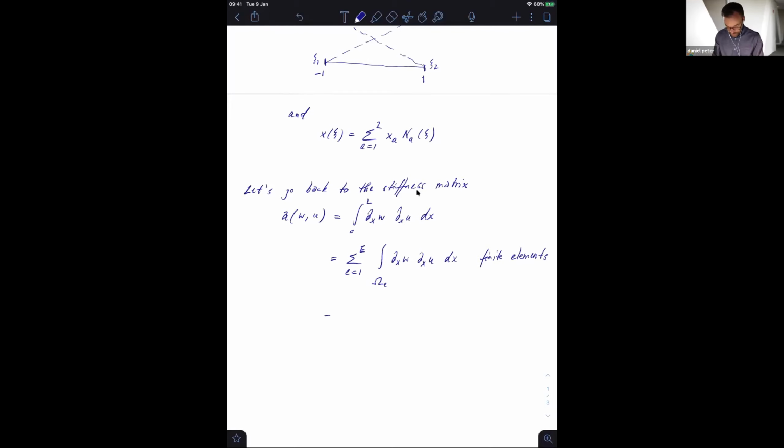And so now comes the step into the reference domain. So we can write this integral also as the sum over all elements. But now we go from the reference domain. So we are now in the reference element, which goes from -1 to 1. Then having the derivatives of the functions. And since we do this mapping, we have this additional term of the mapping, the derivative of the mapping with respect to xi, and can integrate over xi.